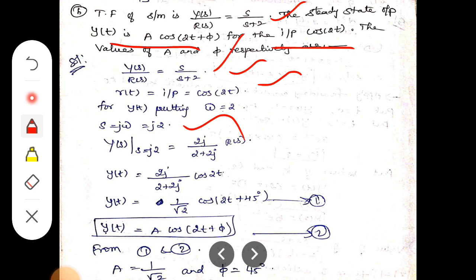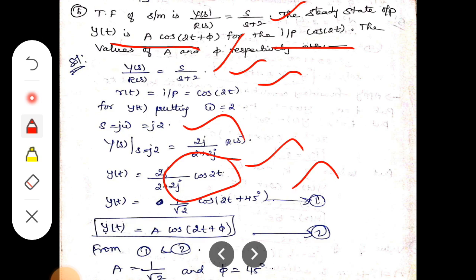Substitution gives 2j divided by 2 plus 2j, times R of s. We know r of t is cos 2t, so we substitute it here and rewrite the same function in the time domain: 2j divided by 2 plus 2j, times cos 2t. This is rewritten as y of t equal to 1 by root 2 cos(2t plus 45 degree).